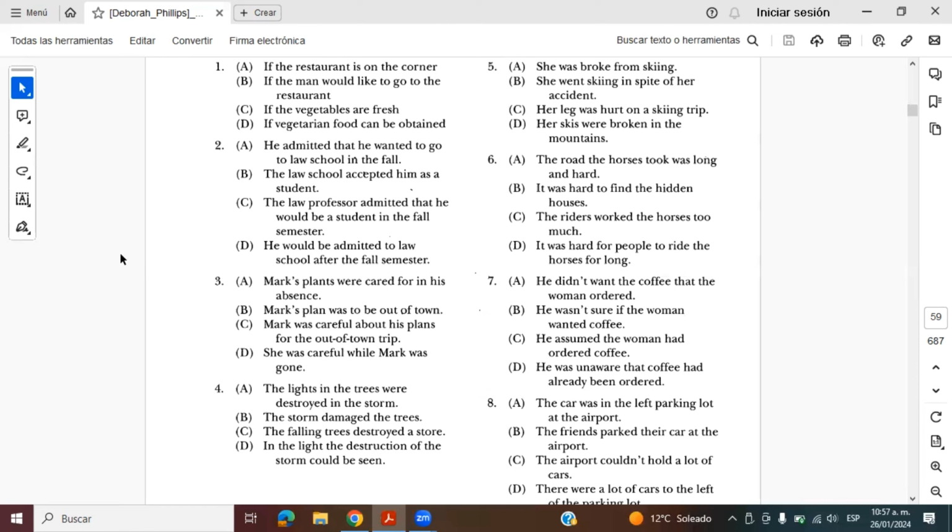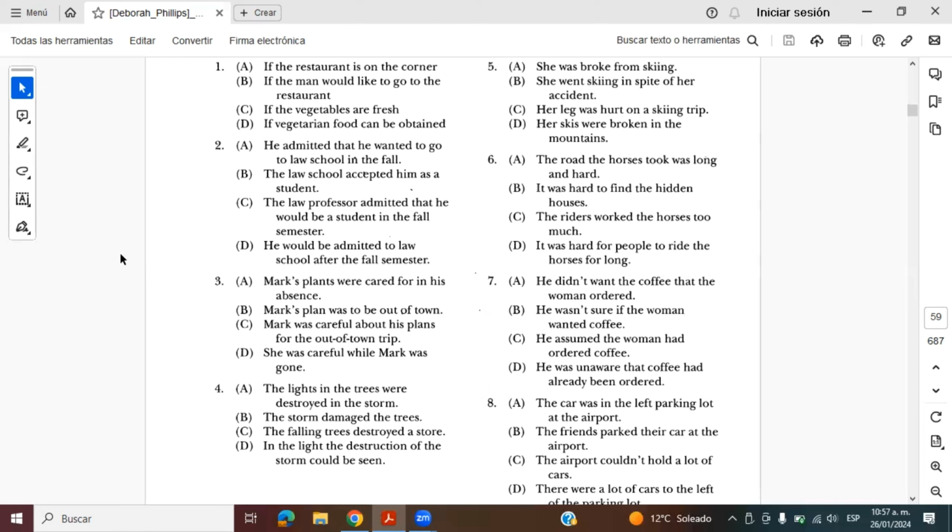Number 6. The horses are not in very good shape now. They were ridden too long and too hard. What does the man mean? Number 7. Why didn't you order coffee?